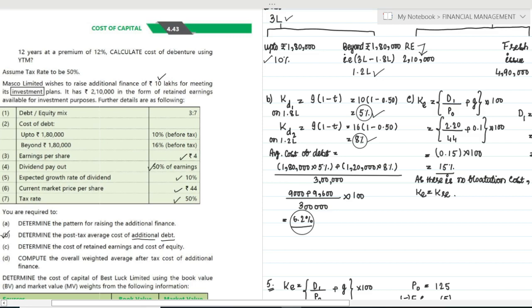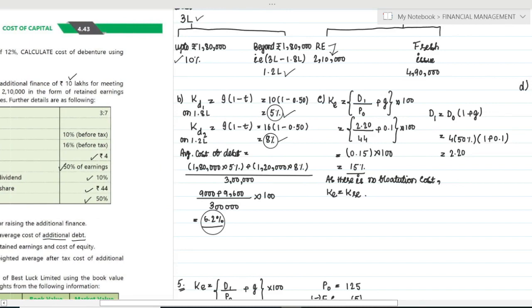Determine the cost of retained earning and cost of equity. This is the requirement of point number C. K equals to D1 divided by P0 plus G. So the cost of equity is 15%.